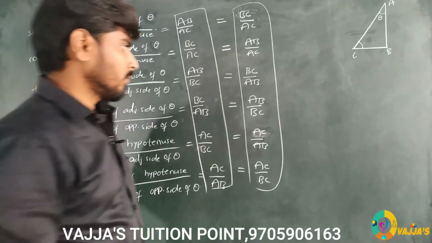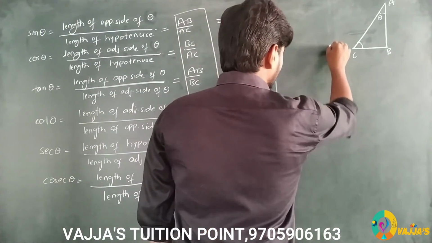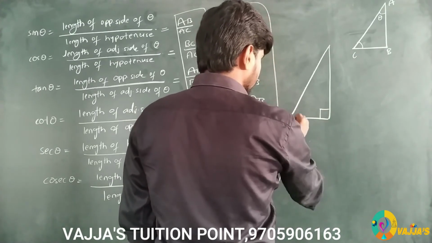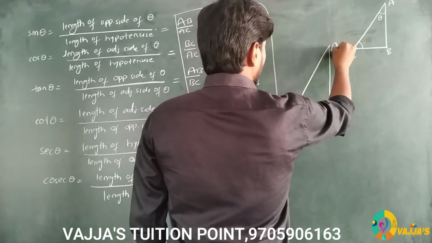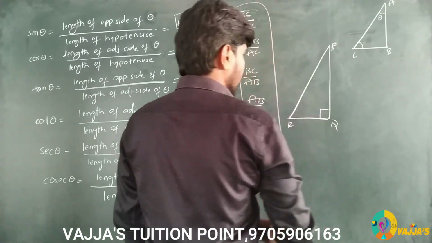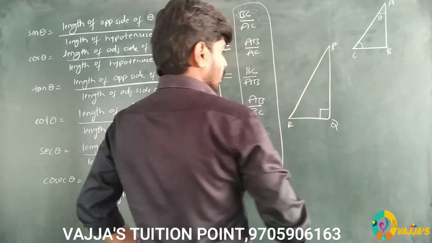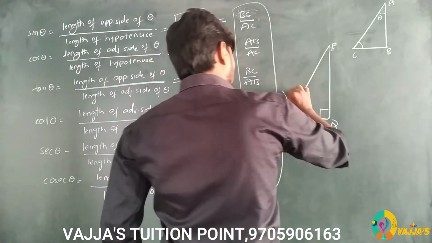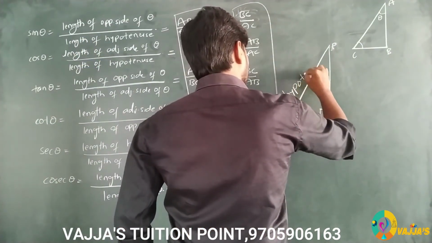So look here. In the right angle triangle, this is the right angle, for example, P, Q, R. The side which is opposite to the right angle is called the hypotenuse.